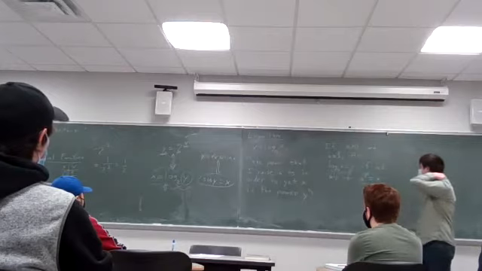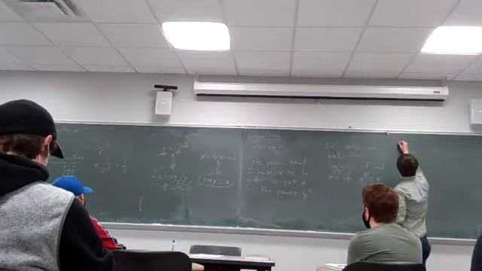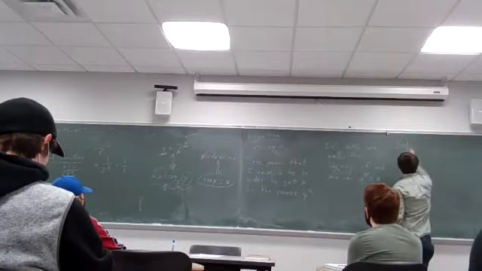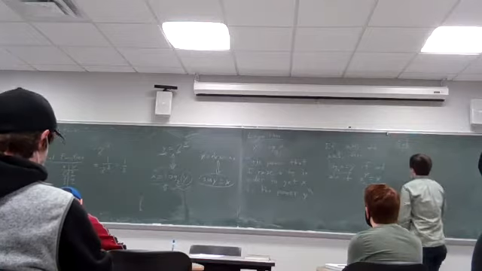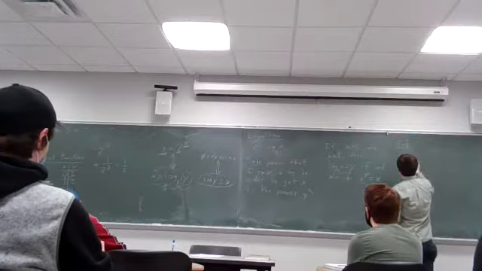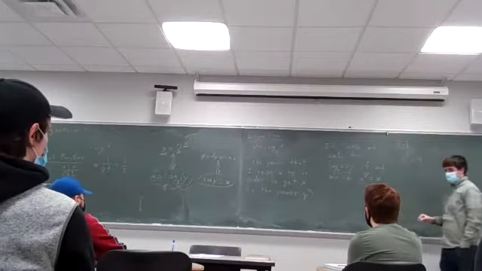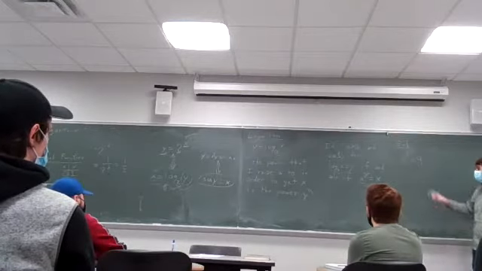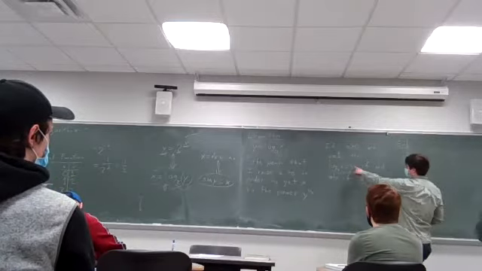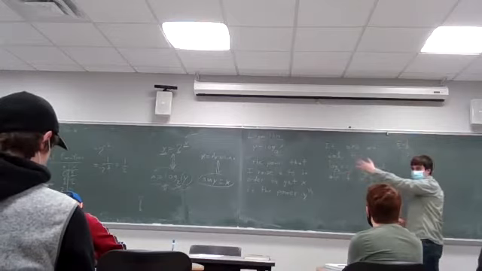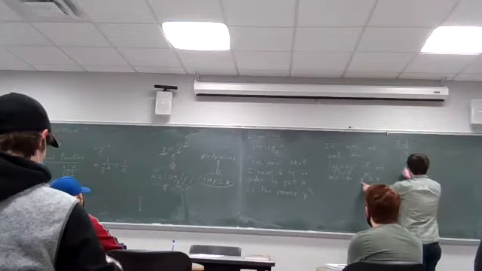There's a couple of example problems in the book that I'll do here real quick, just to illustrate this point. Let's say that I have 3 squared equals 9, but I want to write this in terms of a logarithm. So a in this case is 3.